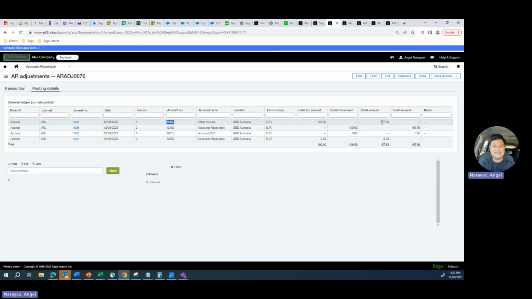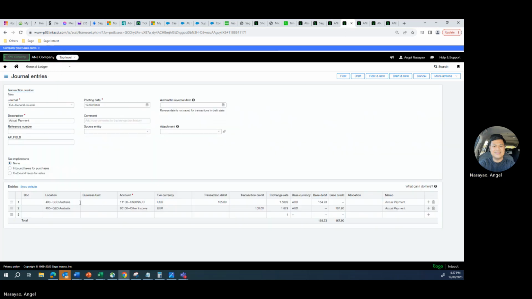I'd like it to be 167.93 as well. So what can we do? We can just put the 167.93 exchange rate in here. 1.6793. Does that matter? Yeah, 167.93 in there.